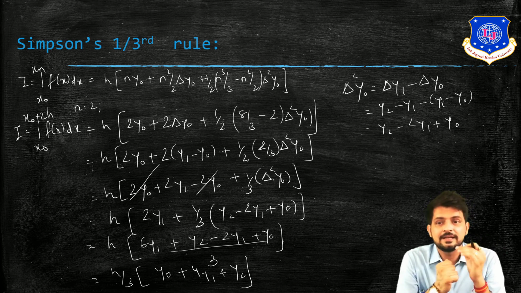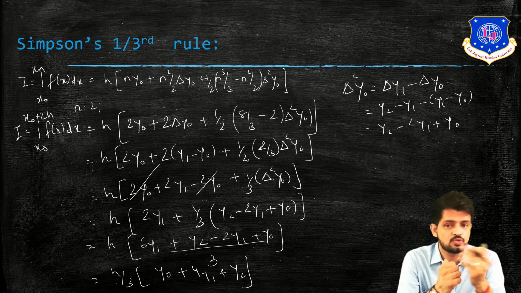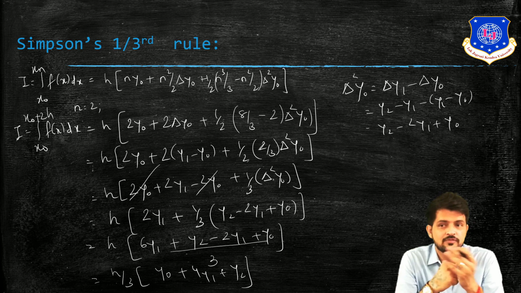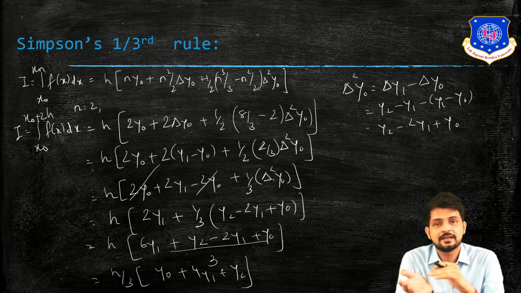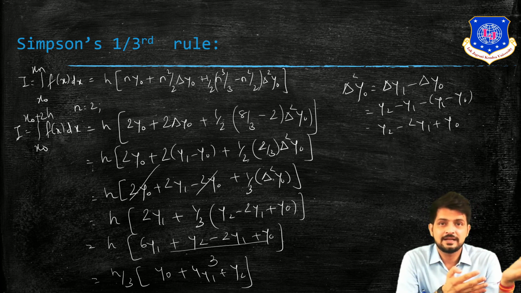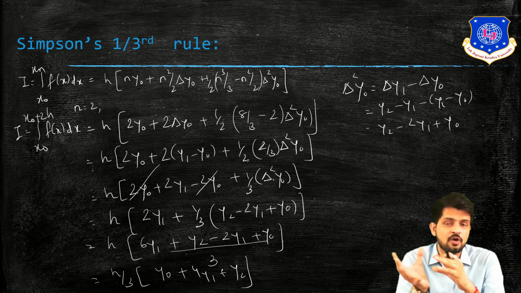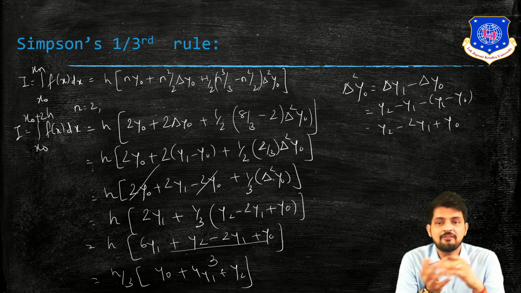This is the integration from x0 to x2, that is x0 plus 2h, the integration of the first step. If I take the integration of the second step, again I will get the integration. Then again the third step, fourth step, and the second last step. By adding all of these integrals, I will get the final Simpson one-third rule.